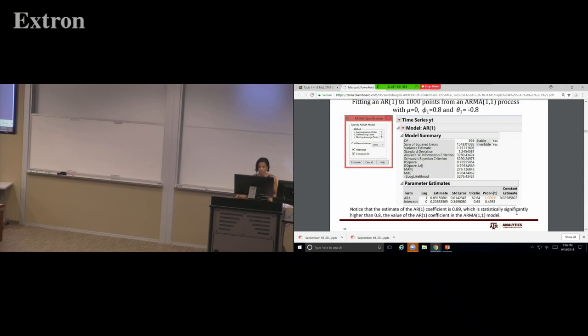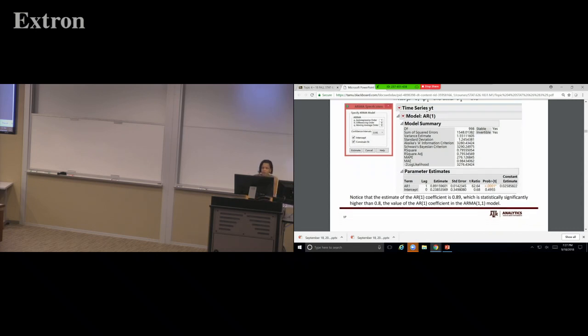So we've come up with sort of an issue, right? If you compare 0.89 to 0.8 with the t-test, you'll see that you come up with a t of 6. Statistically, they're very different numbers. So this one's not working as well.